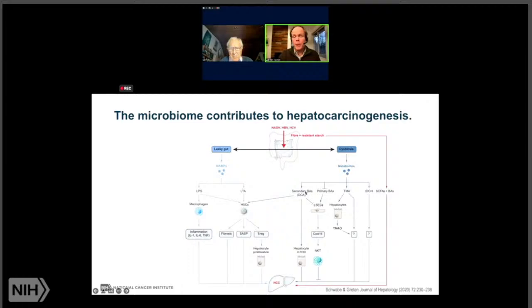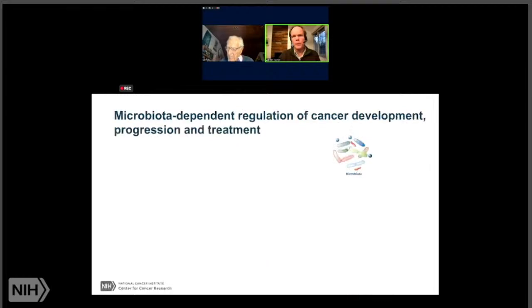We know that the bile acids, which can be affected in this system, can also have a direct effect on hepatocytes and mTOR mechanisms, as well as other mechanisms through short-chain fatty acids, which have been described to control tumor growth.